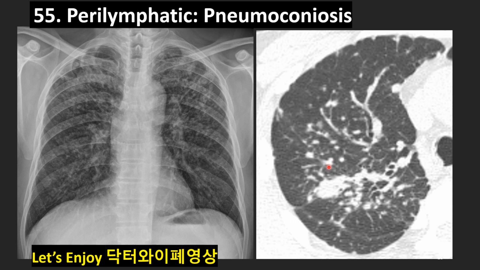This is also the famous perilymphatic distribution of pneumoconiosis. And this one is actually the progressive massive fibrosis, PMF. Do we see the coarse, large micronodules dominantly on the upper lung, and we see bilateral progressive massive fibrosis here with history of coal work.